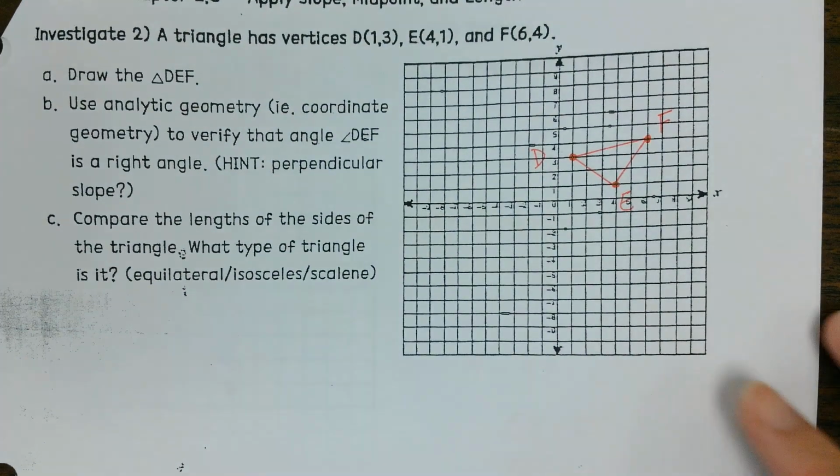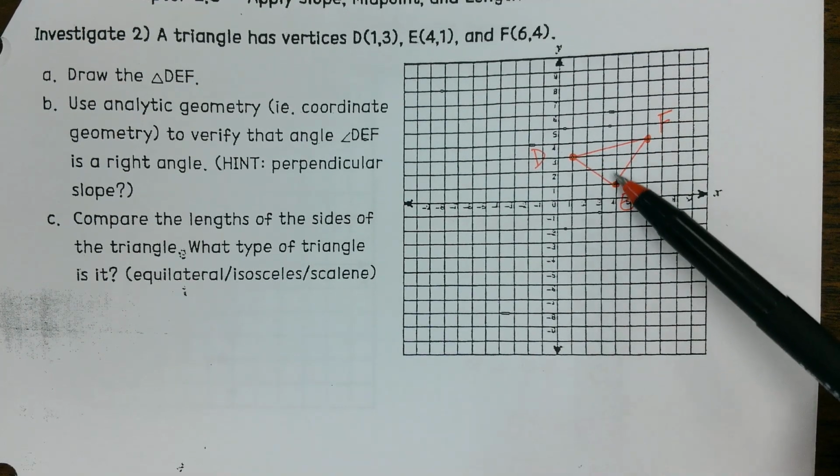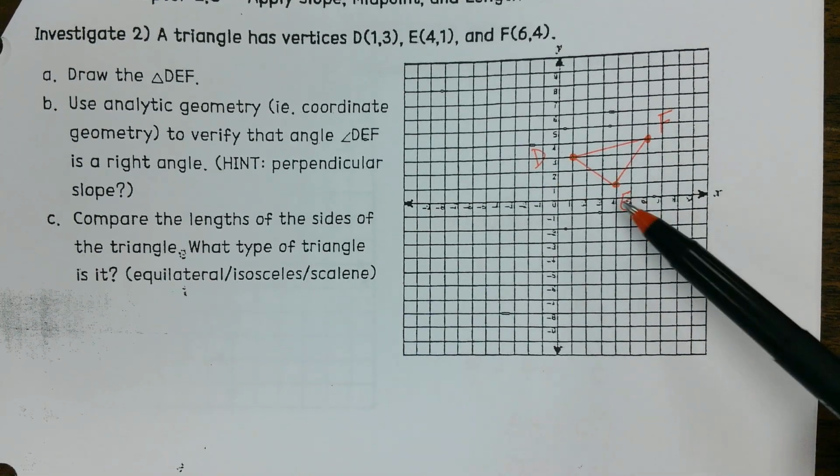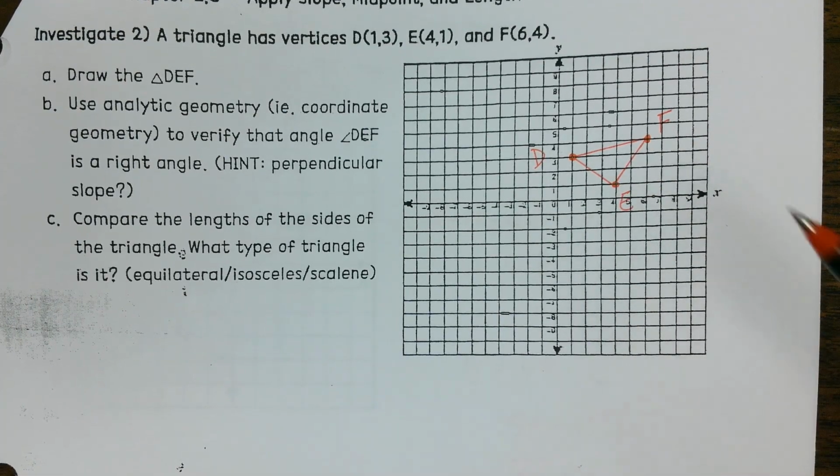Okay. So use analytic geometry, coordinate geometry, to verify that angle DEF is a right angle. Looking at this, which angle looks like it's a 90-degree angle? Angle D, angle F, or angle E? E. Did I draw it that bad?